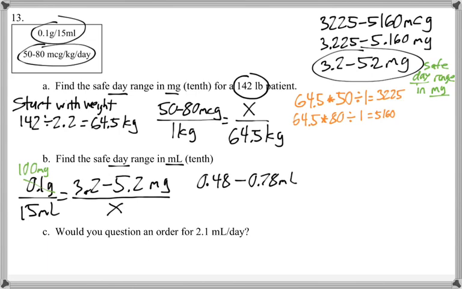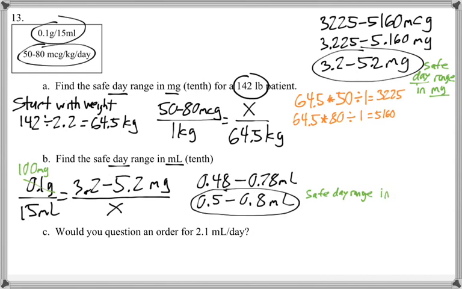And then if I round to the nearest tenth, it's 0.5 to 0.8. So this is the safe day range in mLs.